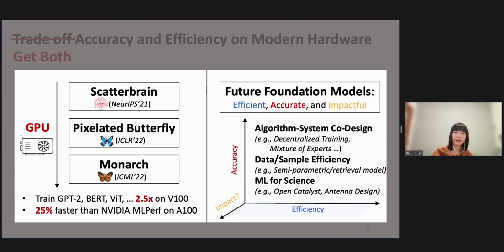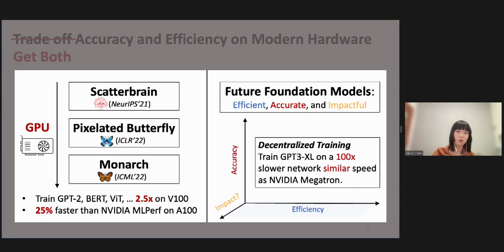Then I will share several future directions and some preliminary work. Specifically, I will talk about 2 preliminary works on system-hardware co-design called Decentralized Training and ACSGD, where you will see a simple activation compression method and scheduling method will allow you to train GPT-3 XL on a 100 times slower network, at the same speed as NVIDIA Megatron inside a data center.